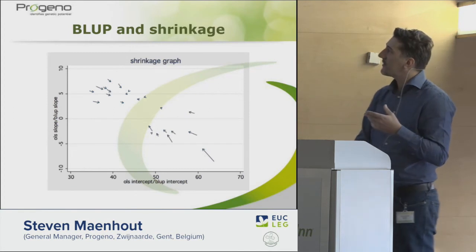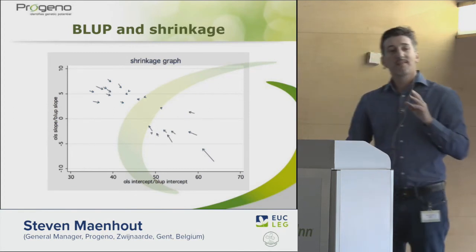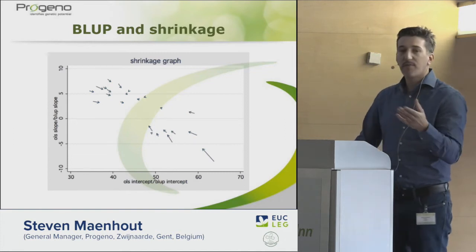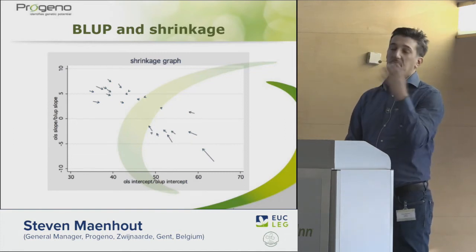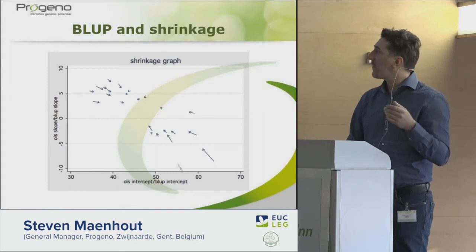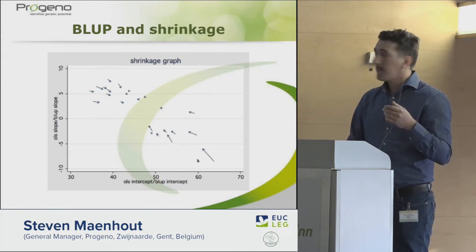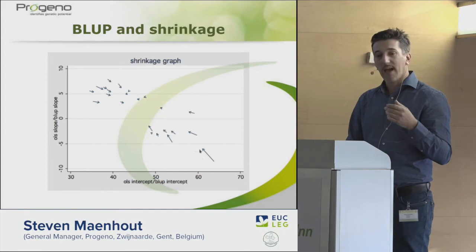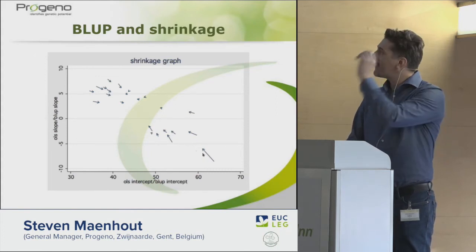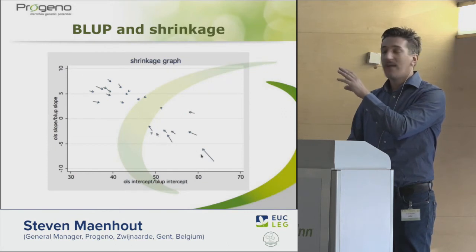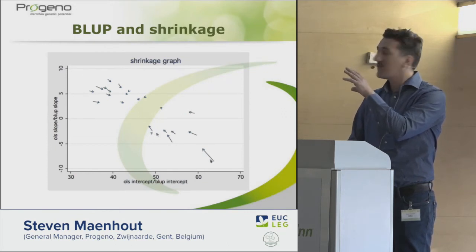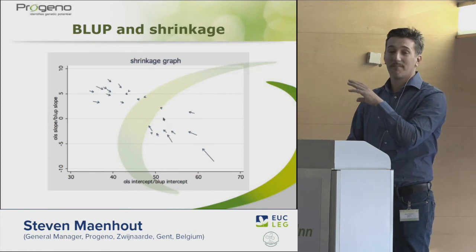And animal breeders are so used to this system that in most cases, if they have the first results in from, I don't know, a dairy farm, they see the BLUP, and they know it has been shrunk down. They just wait until new data arrives and make the exact same graph to see if the shrinkage is reduced or if it just shrinks further back to the mean.